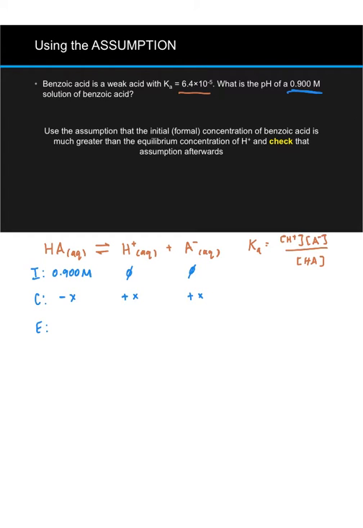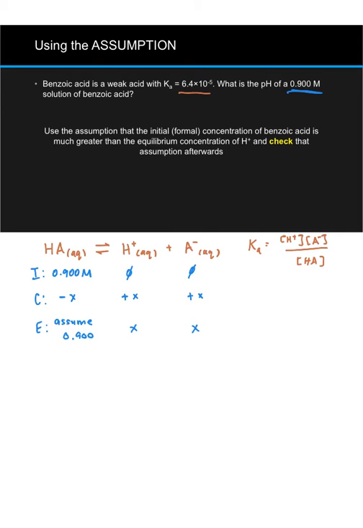At equilibrium, we assume that we have essentially the same amount of HA as we started with. That X didn't affect HA's concentration significantly enough for it to have changed. Therefore, only H plus and A minus have an unknown concentration at equilibrium.